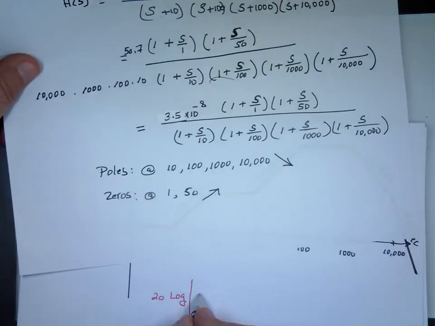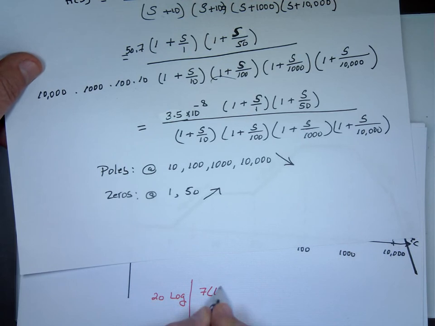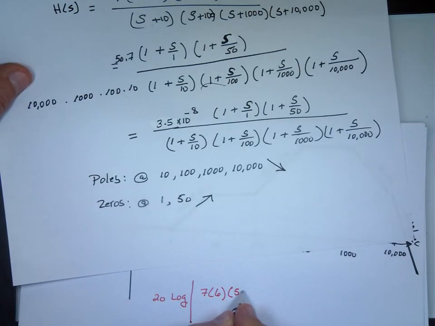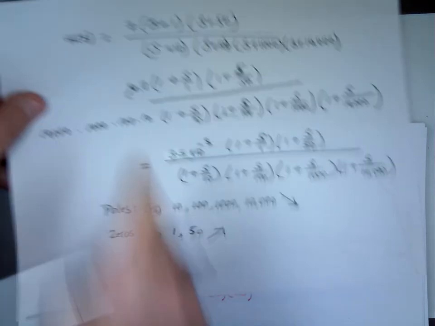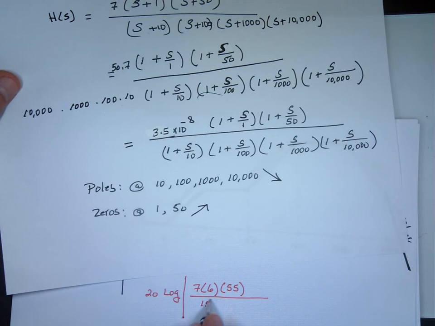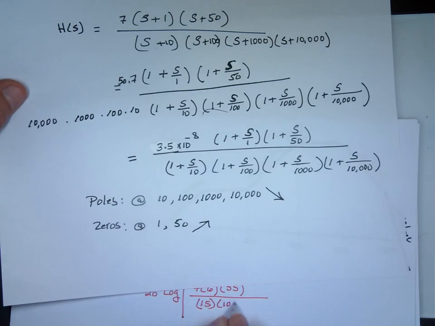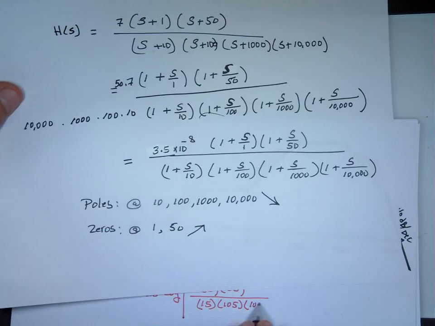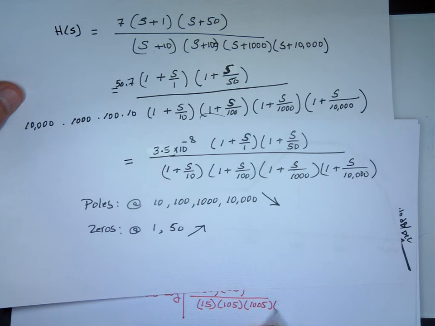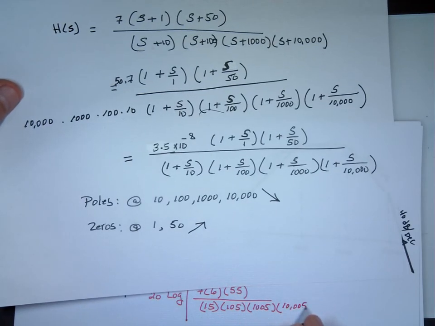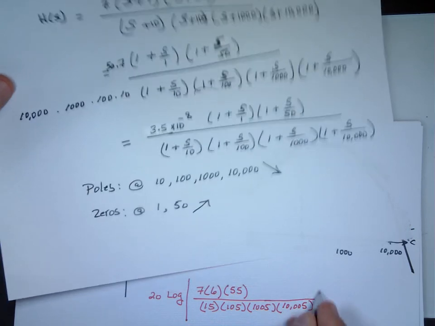Isn't it 6? 5 plus 50, 55. 5 plus 10, 15. 5 plus 100, 105. 5 plus 1,000, 1,005. 5 plus 10,000, 10,005. It's going to be a very small number, or negative number.